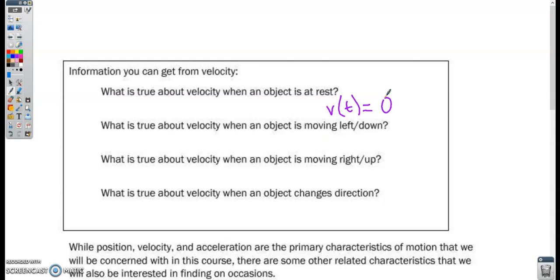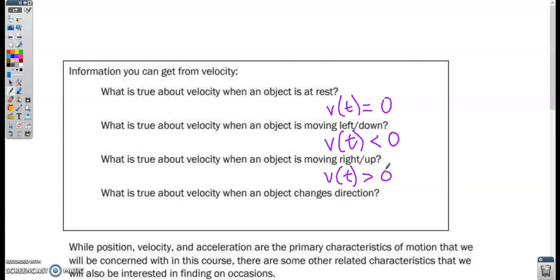Anytime we're talking about that left or downward movement, we're moving towards the negative direction for position, and that means that the position is getting smaller, which means that the velocity has to be negative. And conversely, what's true about the velocity when an object's moving to the right or up? That means that the velocity has to be positive.